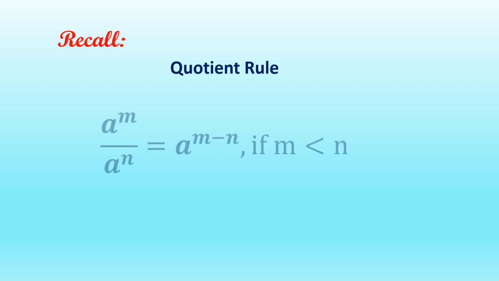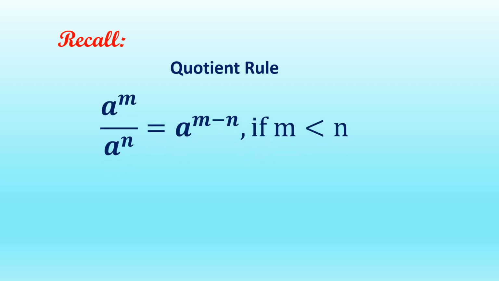Before we proceed, let us recall the quotient rule. a raised to the power m divided by a raised to the power n is equal to a raised to the power m minus n.